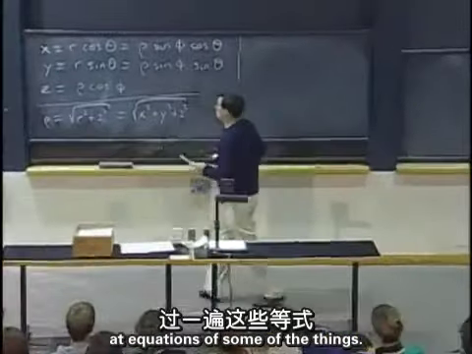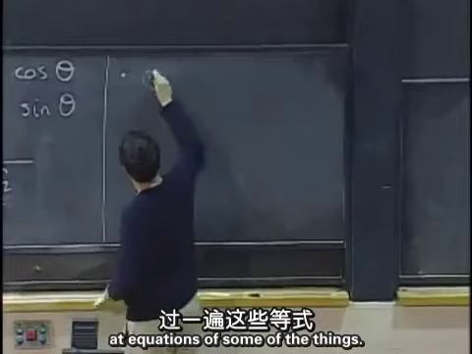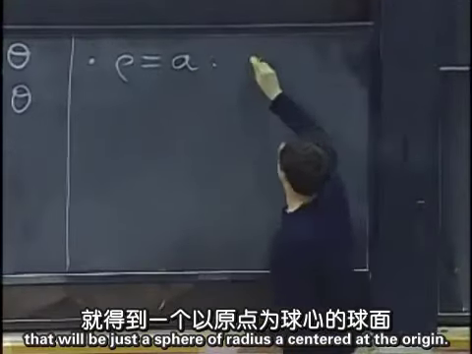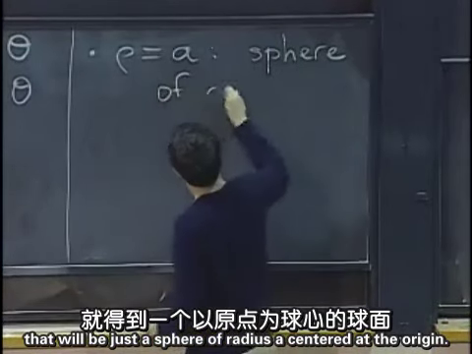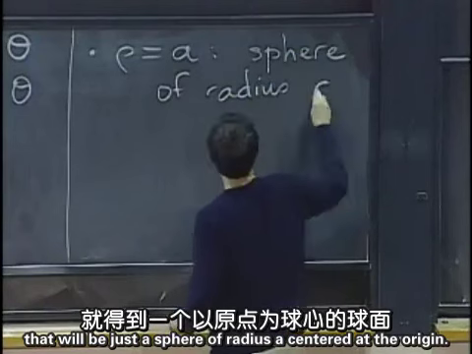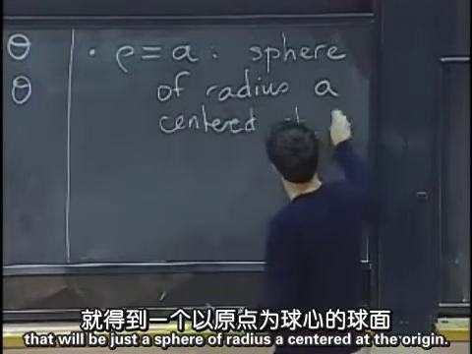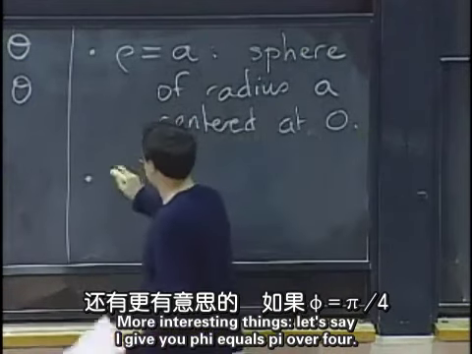Okay. So let's just look quickly at equations of certain things. So as I've said, if I set rho equals a, that will be just a sphere of radius a centered at the origin. More interesting things.